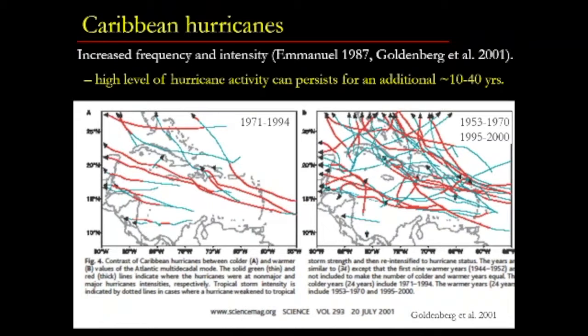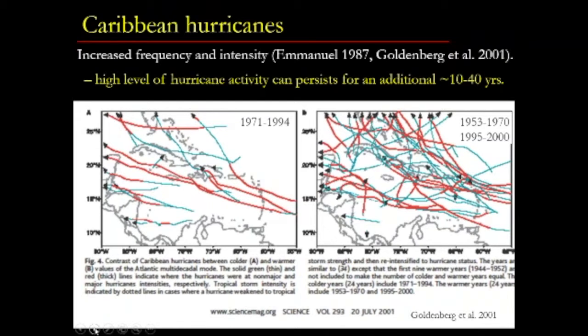From 1971 to 1994, you see fewer hurricanes passing through the region because those were colder temperatures, but during the 1953 to 1970 and 1995 to 2000 periods, those were warmer years, so you see more lines and increased frequency and intensity of the hurricanes.